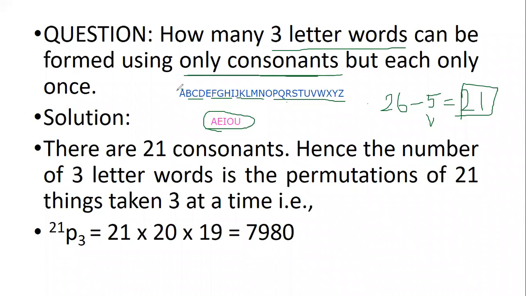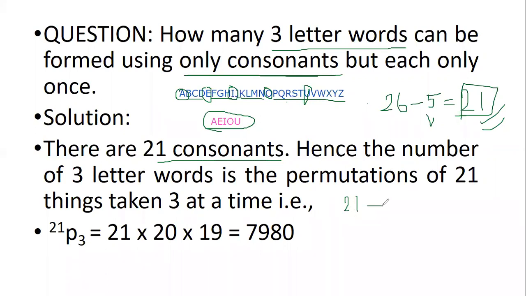So leaving out A, E, I, O, and U, the rest of the alphabets I can consider and form the words. So for my selection, I have 21 alphabets. Those 21 are called consonants.